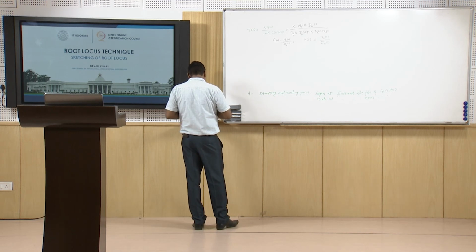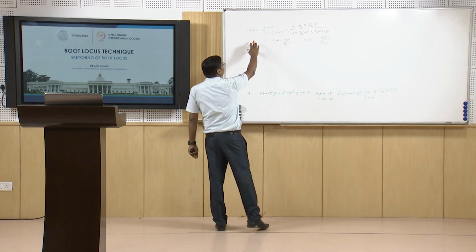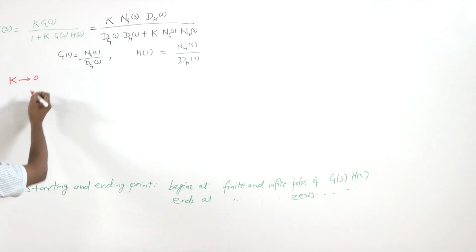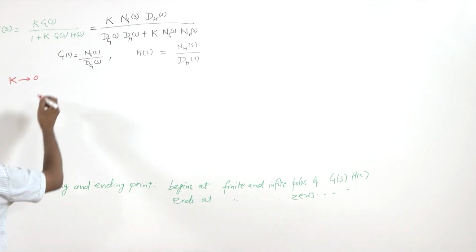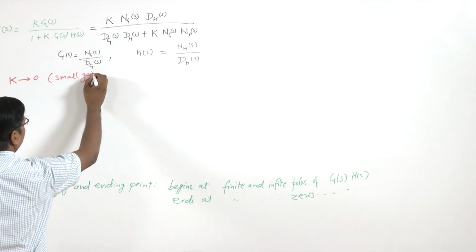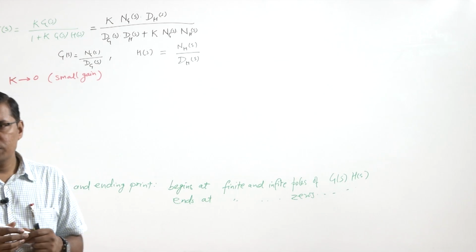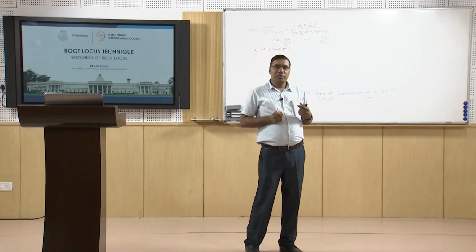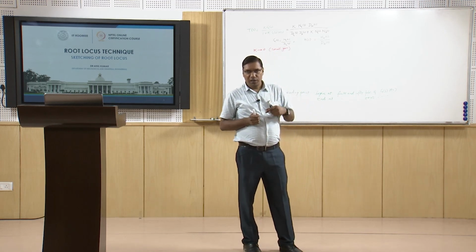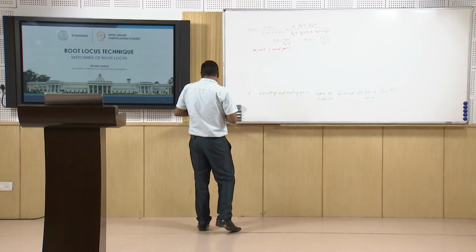Now, we evaluate T(s) for K tends to 0, that is for small gain. Why? Because the root locus starts at small gain and progresses to large gains. So here K tends to 0.